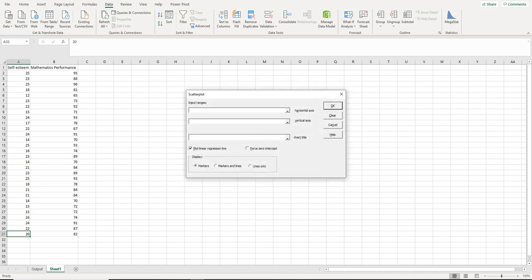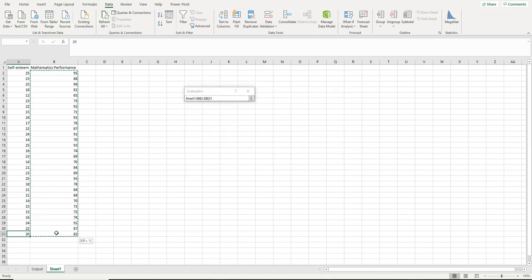The horizontal axis must be the self-esteem, our x-axis, and then the vertical axis, our y-axis, is the mathematics performance.